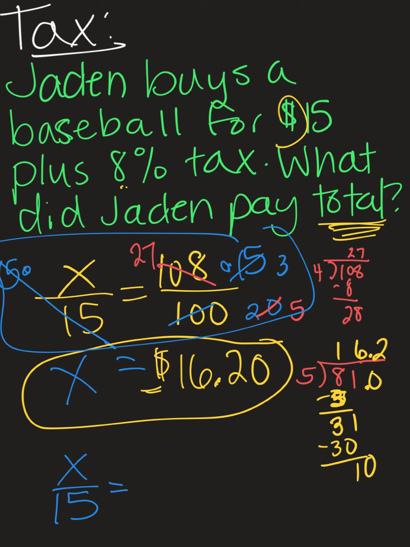So instead of 108 over 10, I'm going to put this as 1.08%. Okay? So I'm trying to find 1.08%. 1.08 times 15. And that makes my life a little easier for this whole process moving forward.